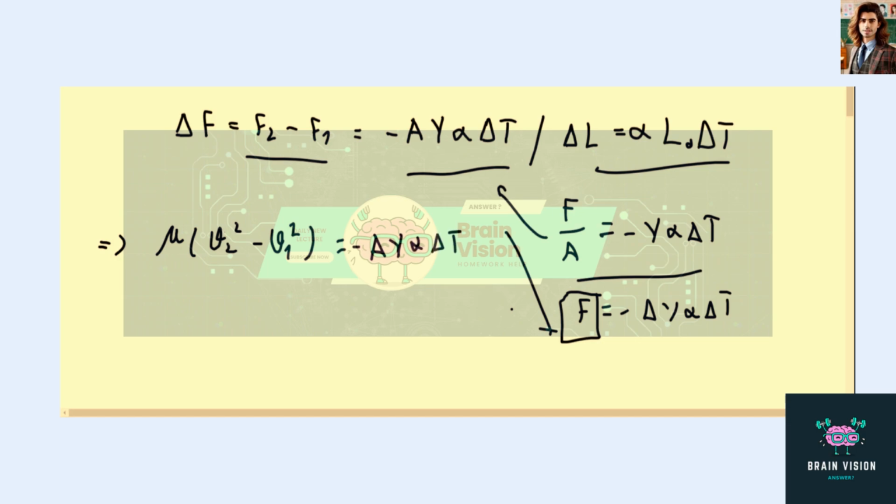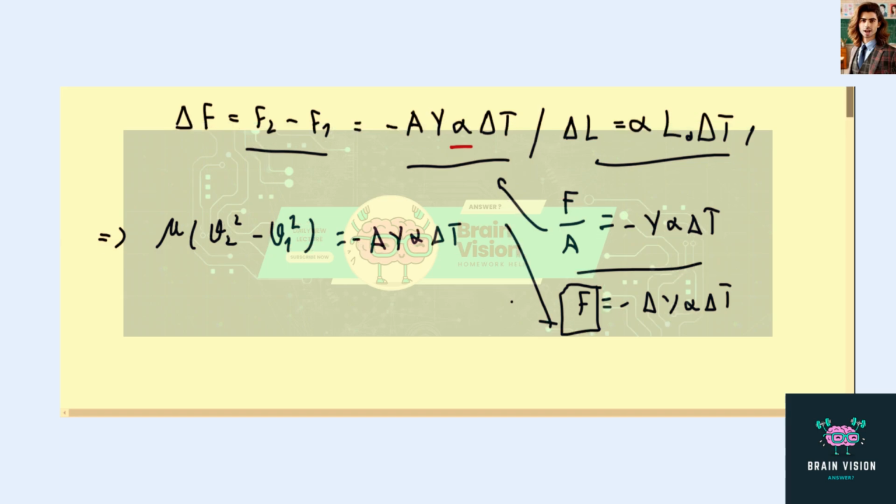Now, why we needed this equation here? Well, we need to somehow relate the length and this alpha constant.